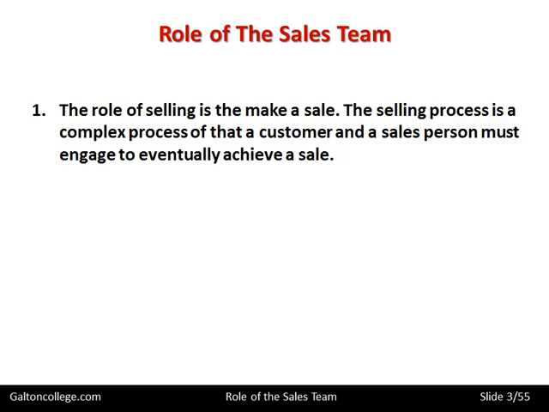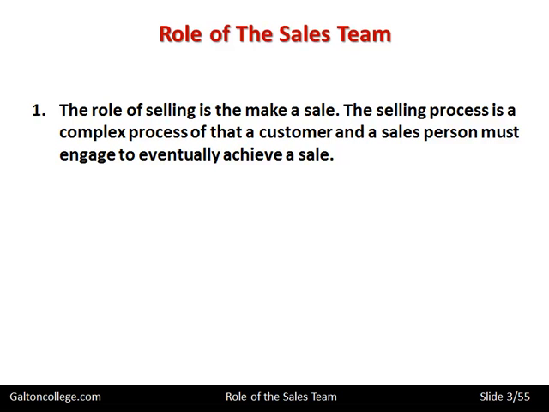Because without a sales team, the company will not generate revenue. Without a sales team, there will be no sales revenue, and no sales revenue means the company cannot exist. The company will not succeed.